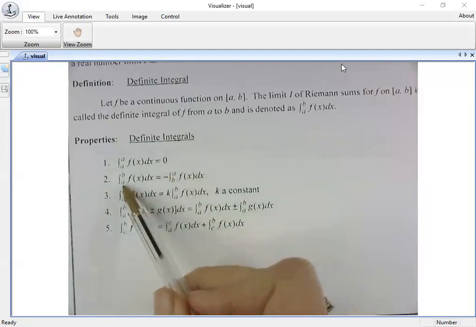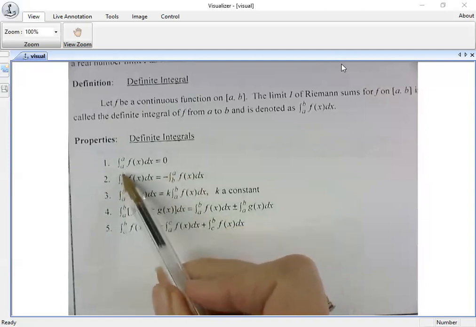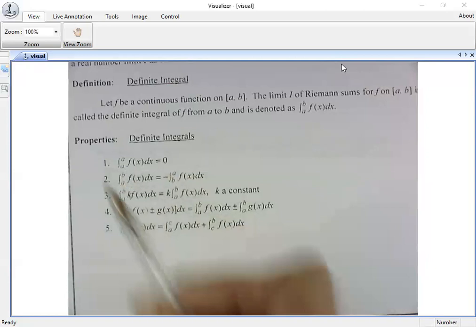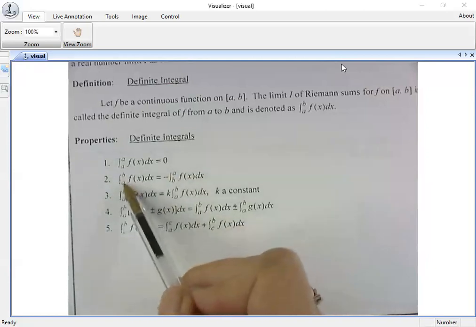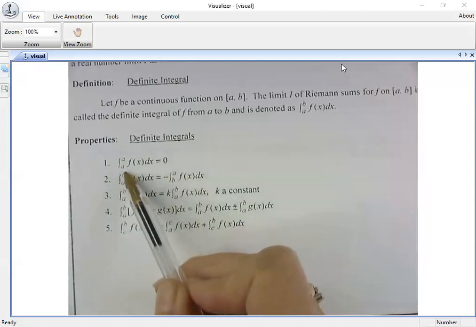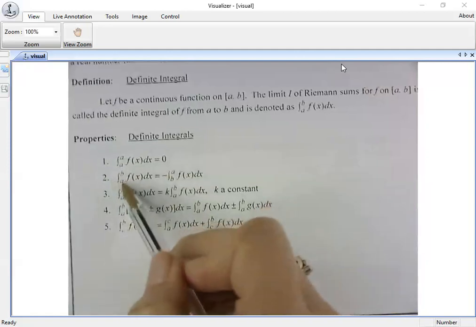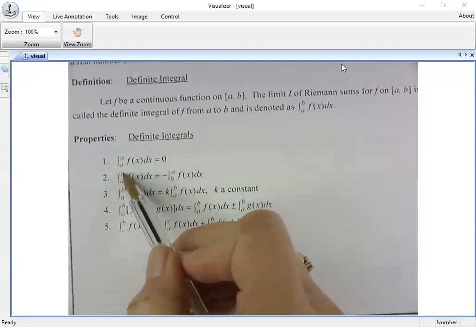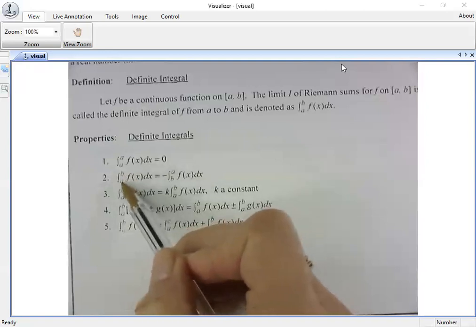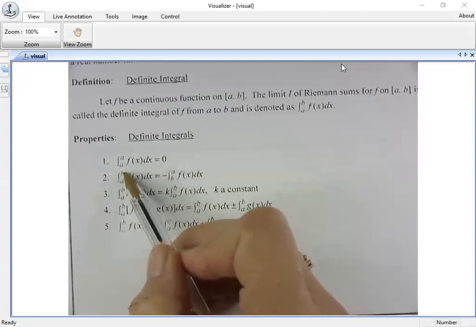Now, this is explaining that if I have my limits of integration, we're going to call this our lower limit, and this is our upper limit. Typically, you will see that this is going to be the smaller number and this is the larger number. But every now and then, they may throw you this little goofy curveball, and they put the larger number on bottom and the smaller number on top.